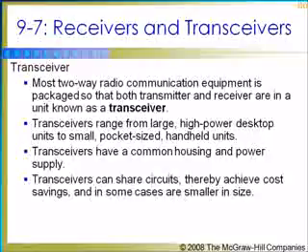Examples are cell phones, as well as the wireless local area networking units on PCs. Transceivers provide many advantages, such as the transmitter and receiver can share circuits, thereby achieving cost savings and smaller size. And also most transceivers in our modern time use a single silicon chip.